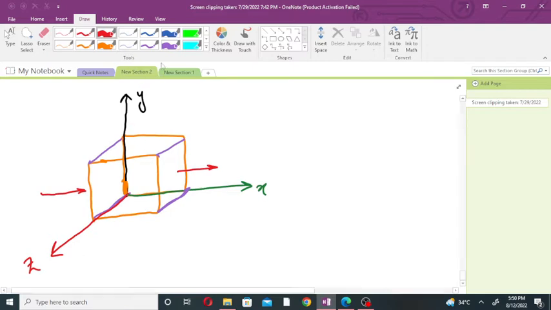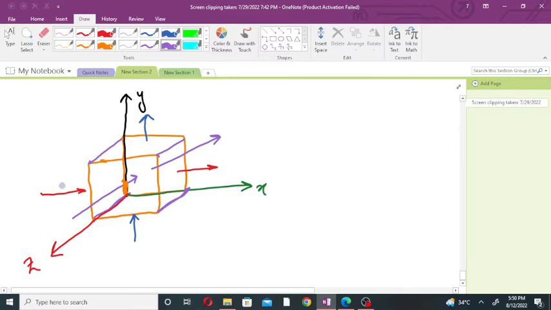Similarly, the molar flow rate of component A can enter through this side and leave through this side. Similarly, the molar flow rate of component A can enter through the z direction and leave through the z direction.